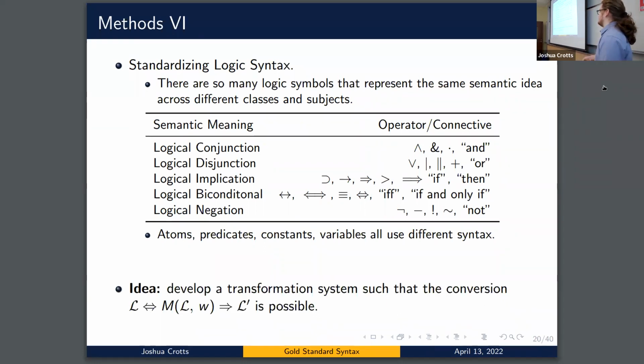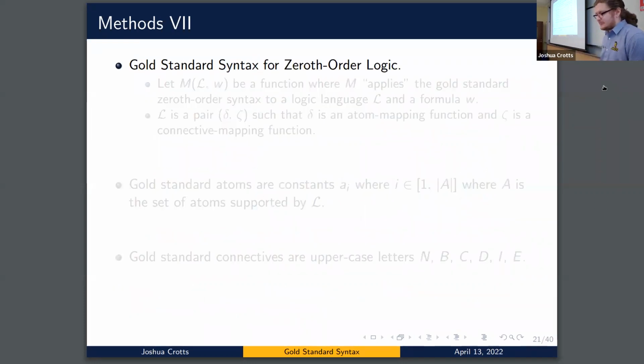So what do we want to do? We wanted to create a way to go from one logic language, which we define as L, to this gold standard, which we'll define on the next slide, to another language, which we'll call L prime.